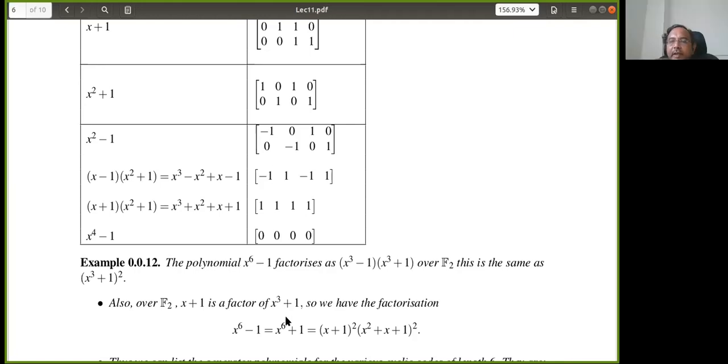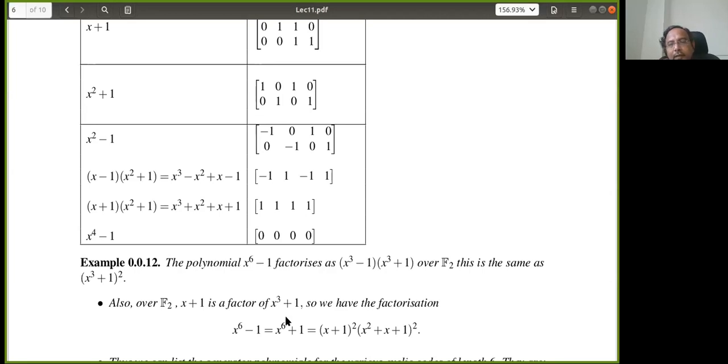X cube minus 1 is the same as x cube plus 1. So that is exactly x cube plus 1 whole square. What are the factors of x cube plus 1 or x cube minus 1? It is easier to factor x cube minus 1 than x cube plus 1, so factor x cube minus 1 only. That is x minus 1 into x square plus x plus 1. You know this from childhood. But x minus 1 is nothing but x plus 1 only. So x cube minus 1 and x cube plus 1 are both the same in F2.